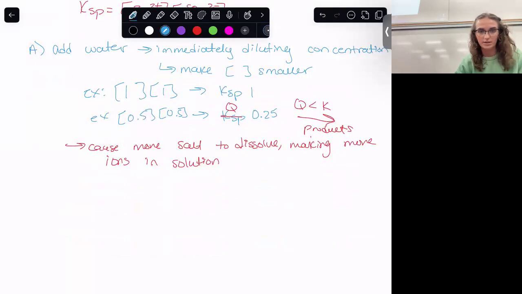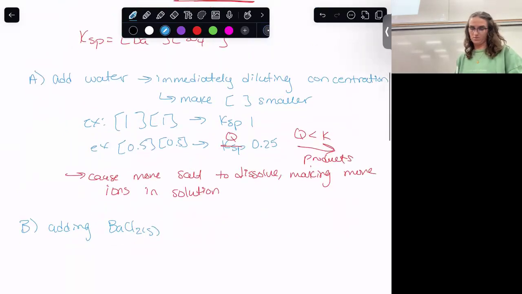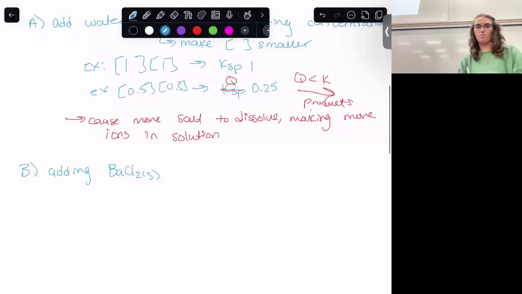Then B was adding BaCl2 solid. What's going to happen to BaCl2 solid in solution?